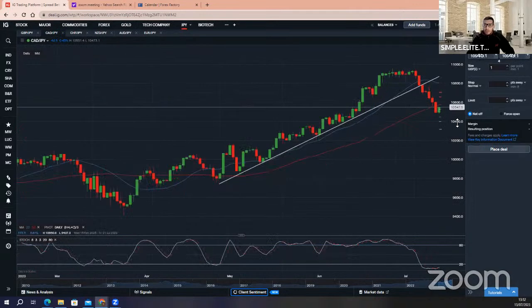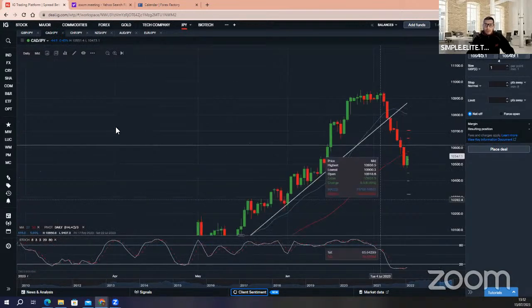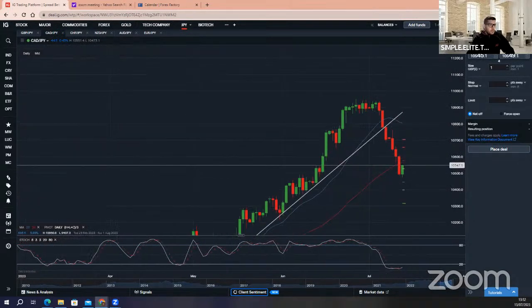I want to see today a bullish engulfing bar of this. So if price stays bullish until today and covers all this bar, it means we're going to see some upside on CAD yen as well.